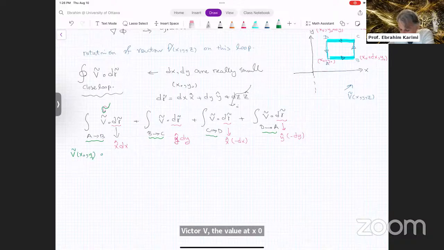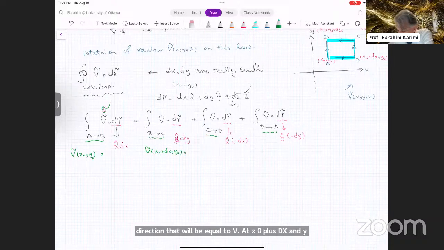Remember, there is a dot product here. And what is the value of vector v for the path of B and C? Approximately, since only the small displacement happens along the y direction, that will be equal to v at x0 plus dx and y0, dot product with the value that we have.